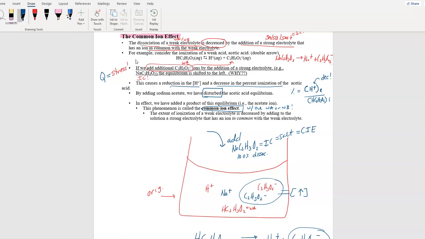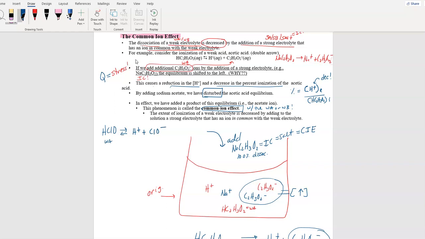So if I had another weak acid, like HClO, when this hits water, I'll get my H+ and my ClO-.